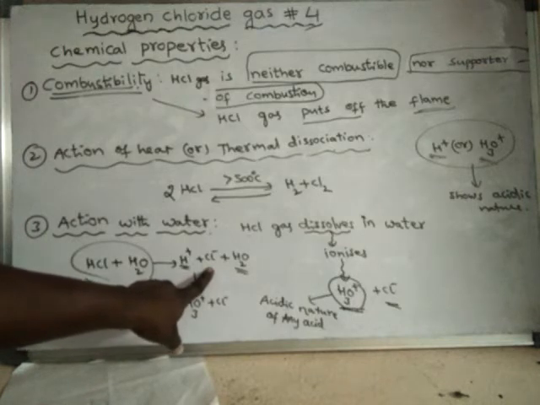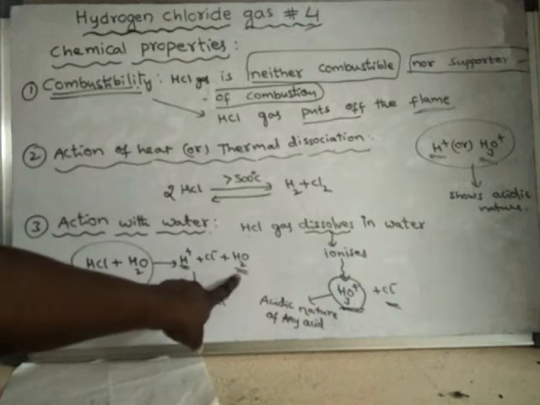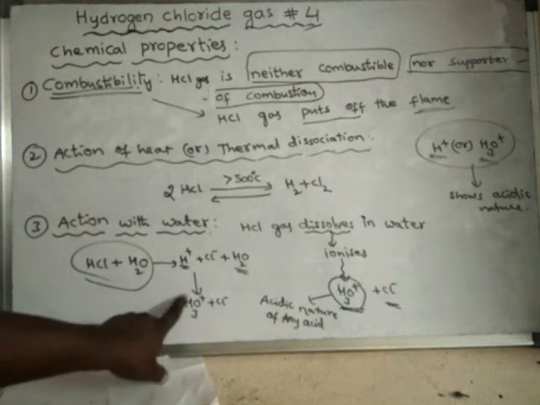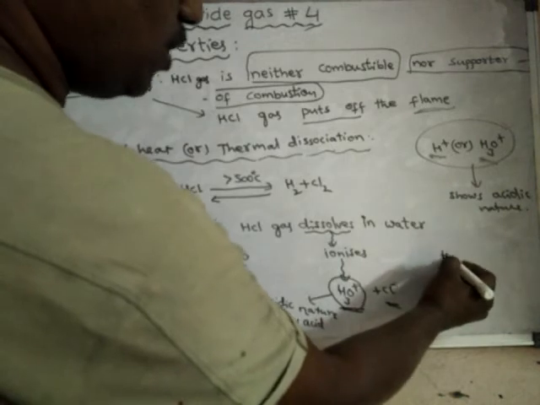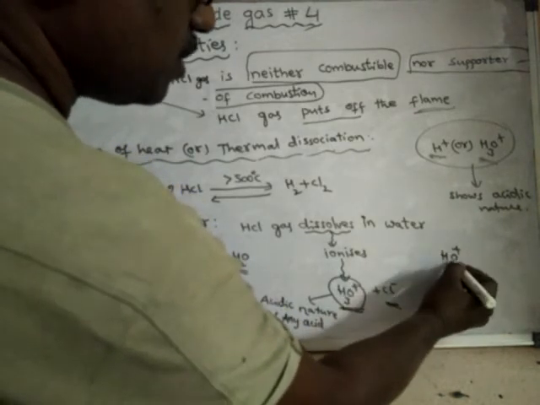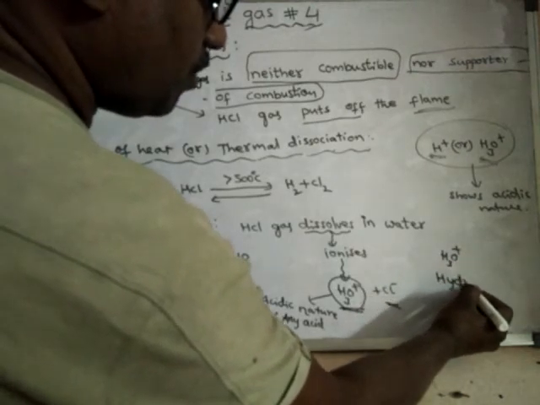Remember that whenever H plus ion is present in water, within no time these two will combine with each other to form H3O plus. What is the name of H3O plus? H3O plus means hydronium ion. Its name is hydronium ion.